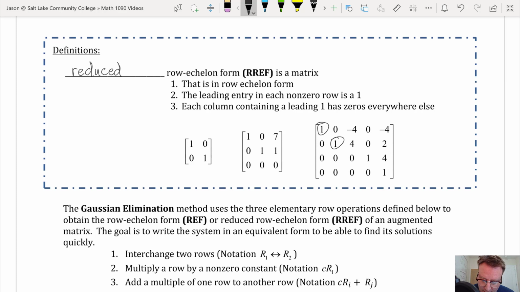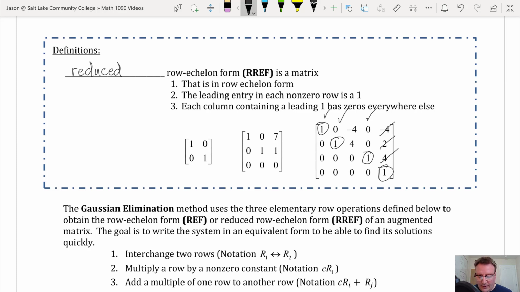Here we also have the leading 1 for row 3, and notice everything above it is a 0 and everything below it is a 0. So these all check out. But then here is the leading 1 for row 4, and notice these 3 entries are not zeros. So this is not in reduced row echelon form.